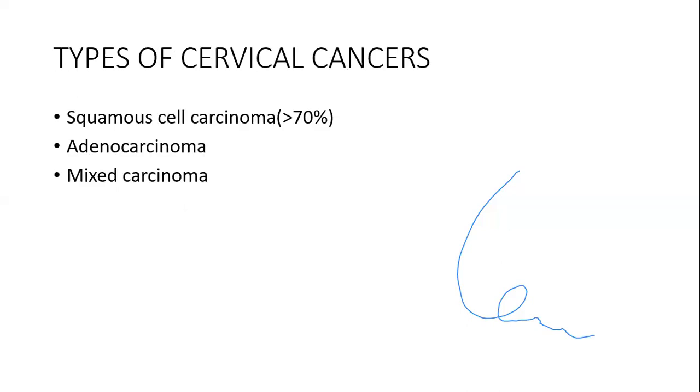So basically, we will look at the brief histology of the disease. Majority of cervical cancer cases are squamous cell carcinoma, with a minority being adenocarcinoma and the mixed type. Squamous cell carcinoma, because we said the ectocervix is non-keratinized squamous epithelium.